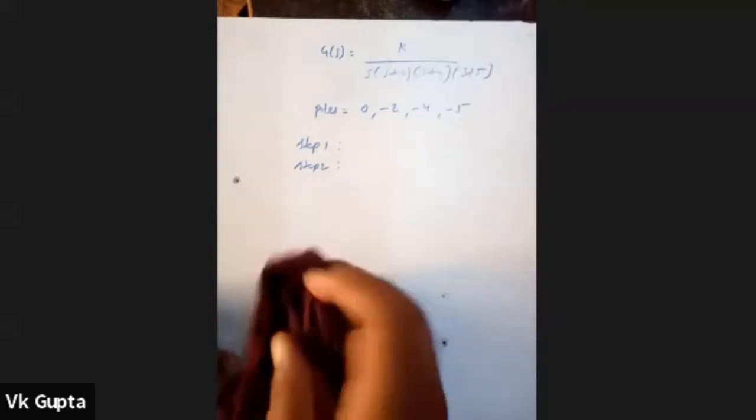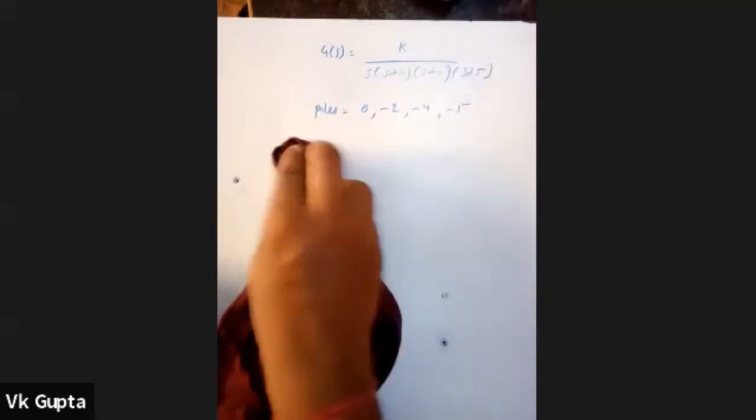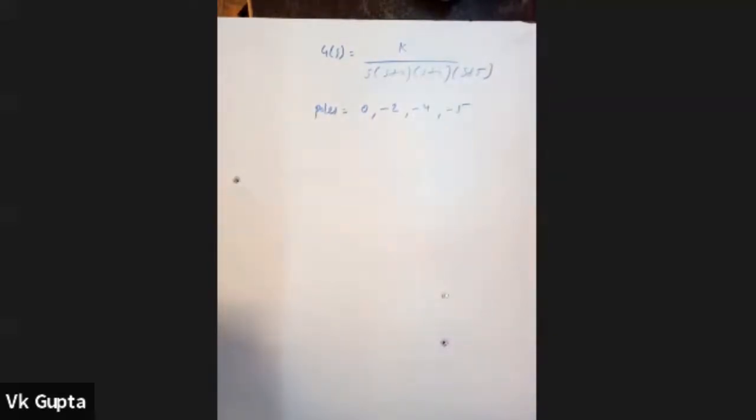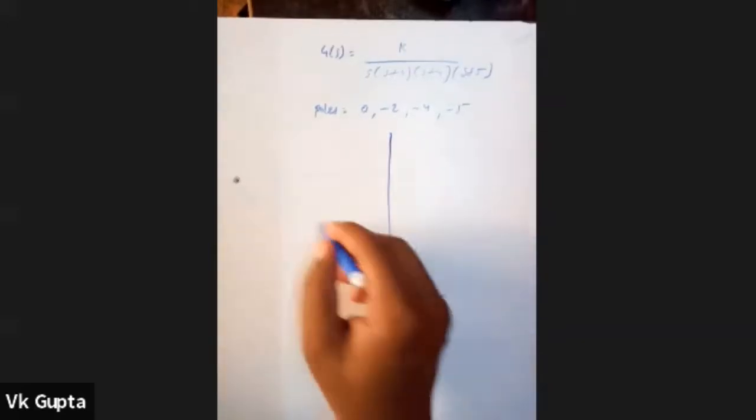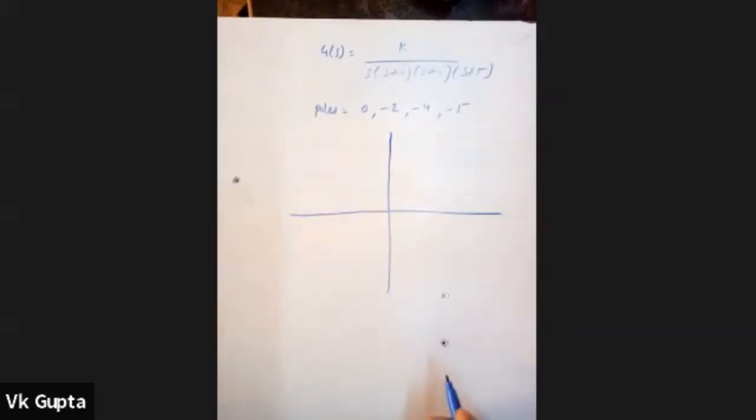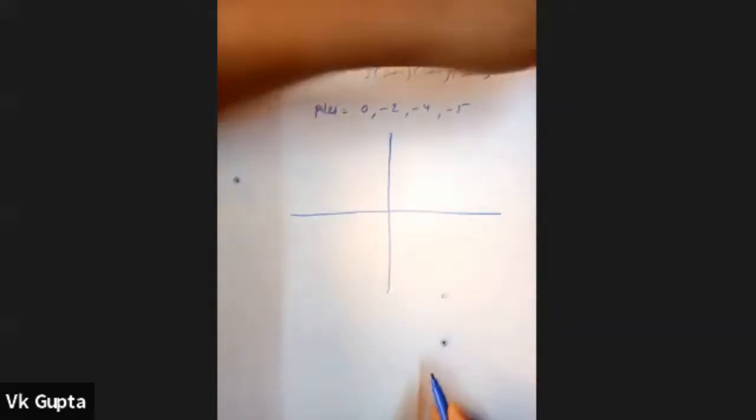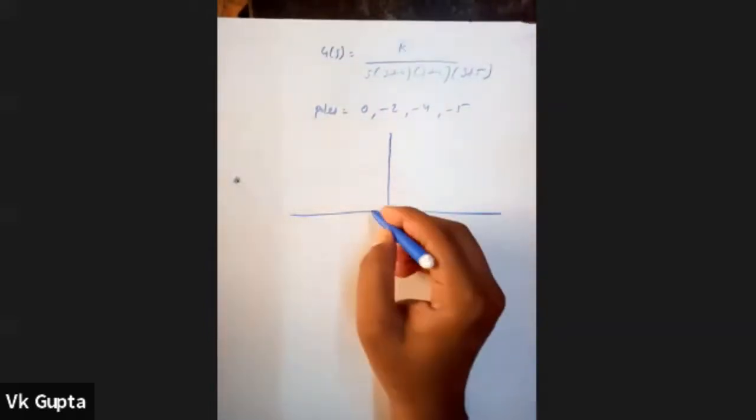Before going to step number 3, let us draw the S-plane and mark our poles.